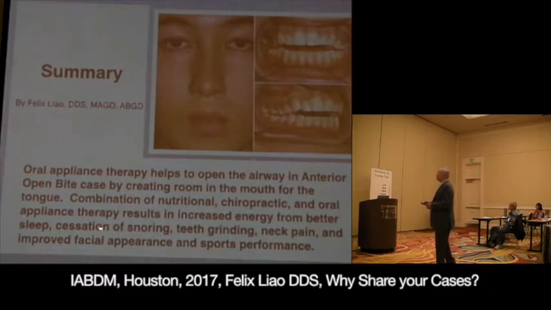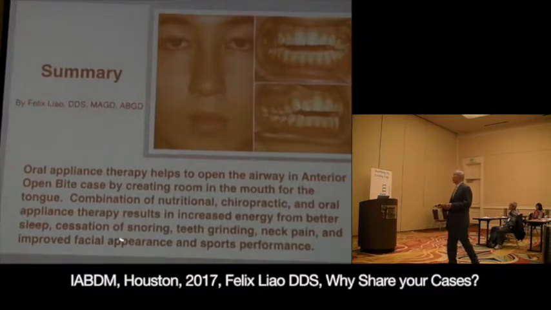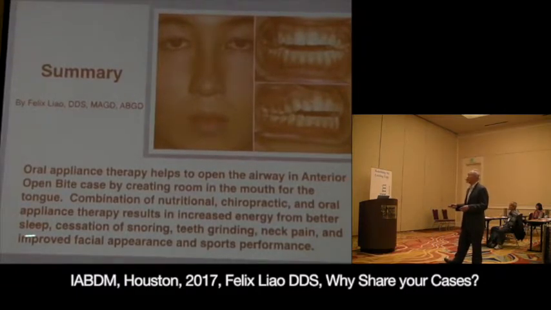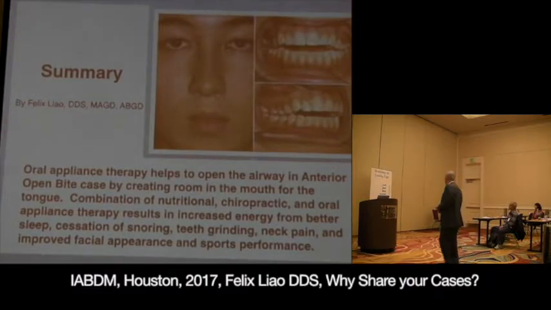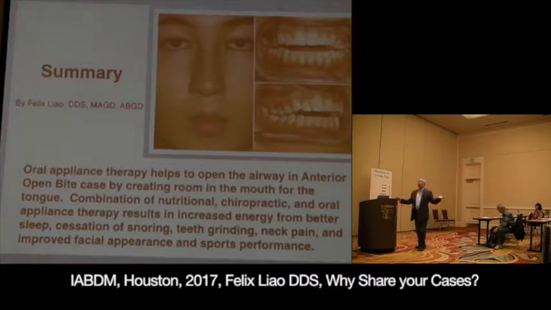A combination of nutritional, chiropractic, and oral appliance therapy results in increased energy, better sleep, cessation of snoring and teeth grinding, improved facial appearance, and so on. So that's your summary. People look at this and say, okay, I know what this is about, I will read it, I'm interested, I've got a patient with this kind of problem. You now become searchable under some of those keywords.